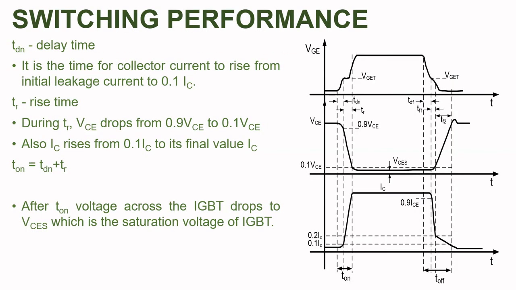Switching performance of IGBT. The turn on time of IGBT, that is T on, is the summation of the delay time and the rise time. Delay time TDN is the time required for the collector current to rise from its initial leakage current to 10% of its final on-state current, that is IC.